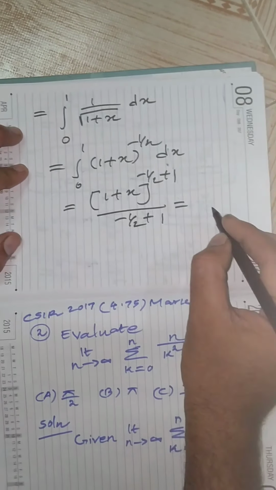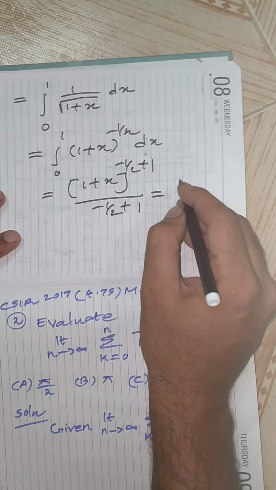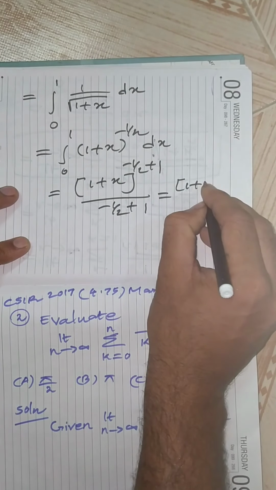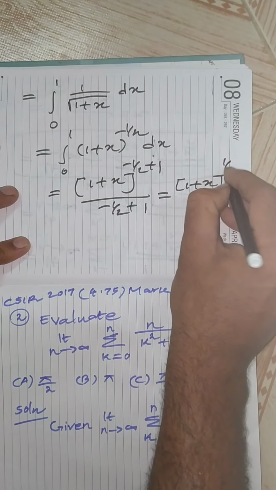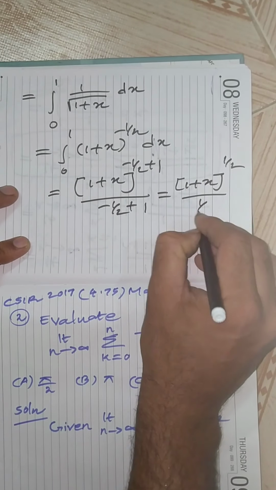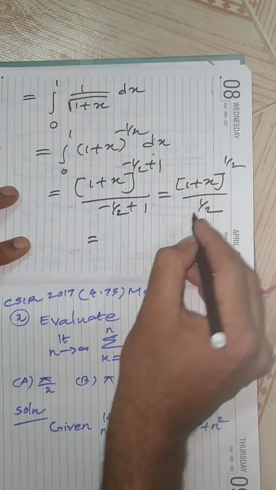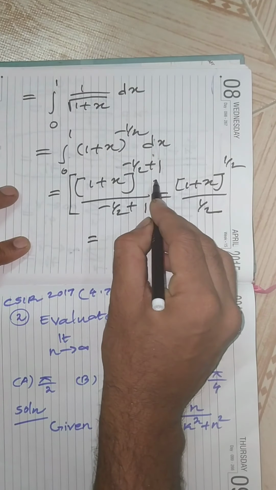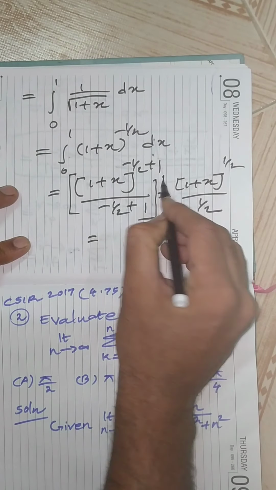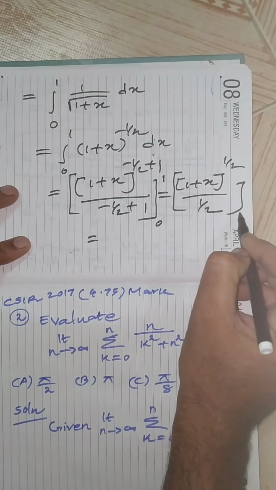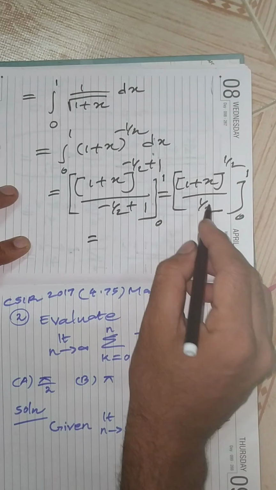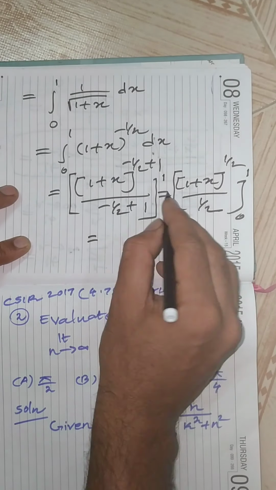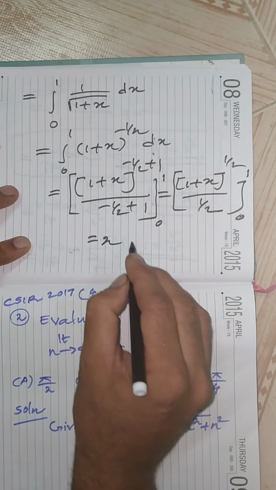It is nothing but 1 plus x power 1 by 2 by 1 by 2. Moreover, we have to apply the lower and upper limits, 0 to 1. Independent of the limit, 1 by 2, so bring 2 to the numerator.